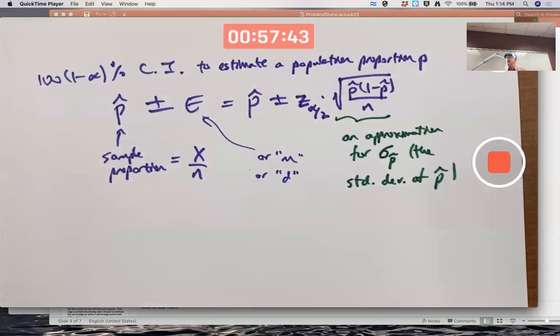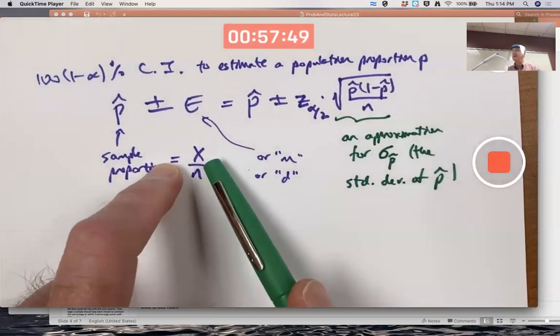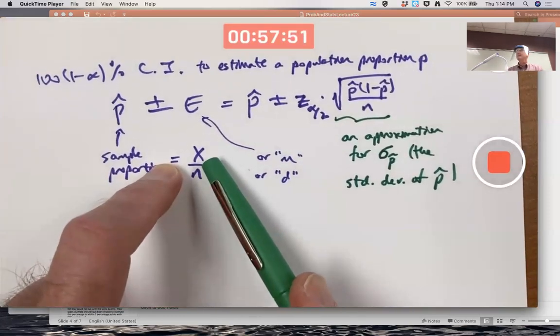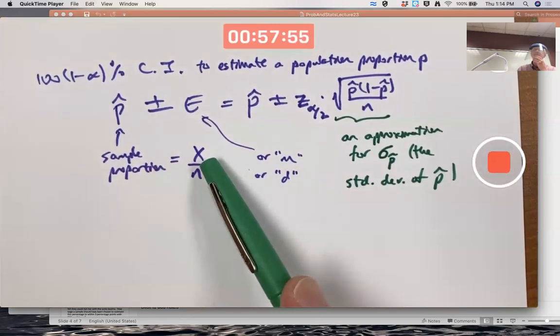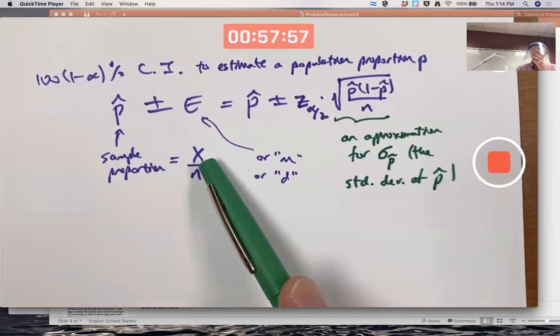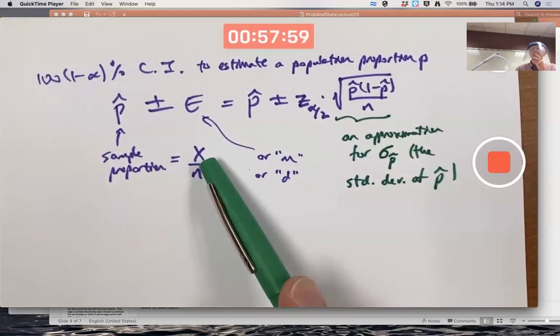P hat is a statistic. If you think of X as a statistic obtained from a sample, it's a little different than how we were thinking about random samples and statistics before.